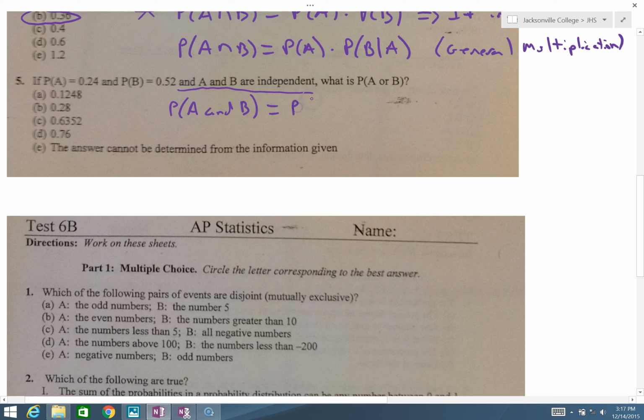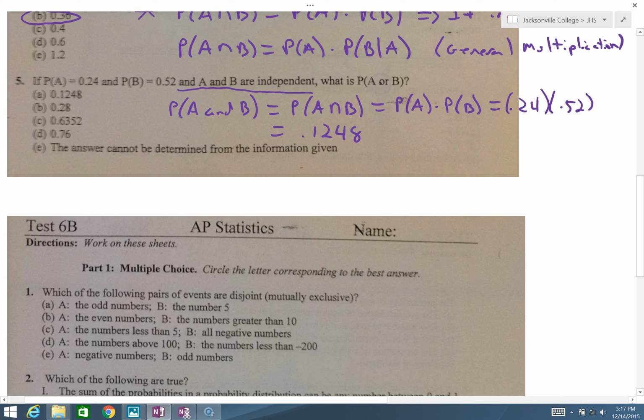Since they're independent, we can multiply the probability of A times the probability of B. In this case, that is 0.24 times 0.52, which is equal to 0.1248. That's A and B.